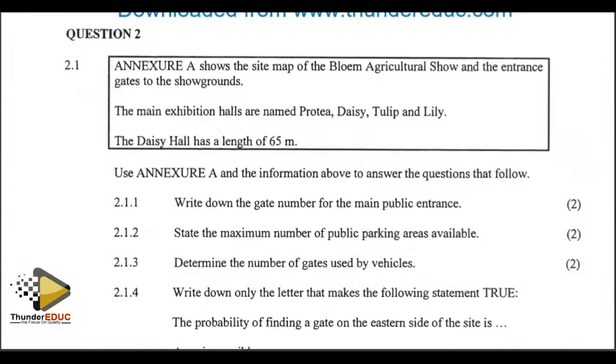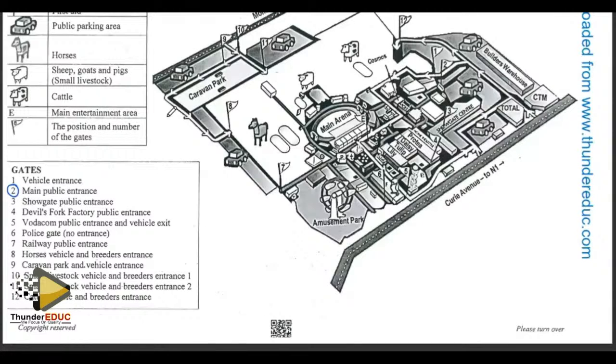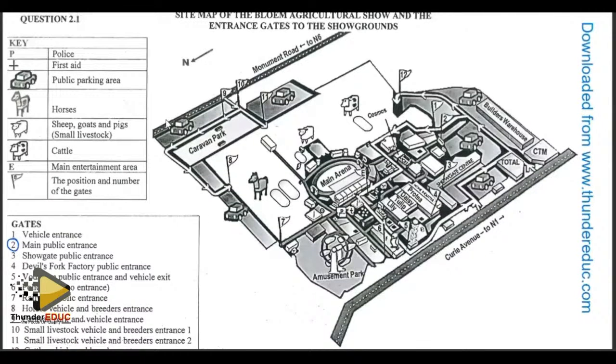Write down the gate number of the main public entrance. We are saying number 2. State the number of public parking areas available. We go back and you see the public parking areas available. These are the ones.